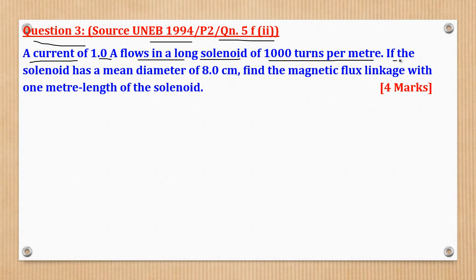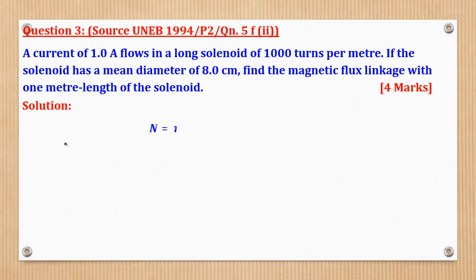If the solenoid has a mean diameter of 8 centimeters, find the magnetic flux linkage with a 1 meter length of the solenoid. So first you need to get the number of turns, because they said 1000 turns per meter and the length is 1 meter, so total number of turns is 1000.